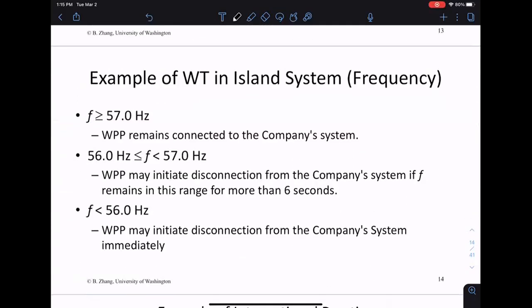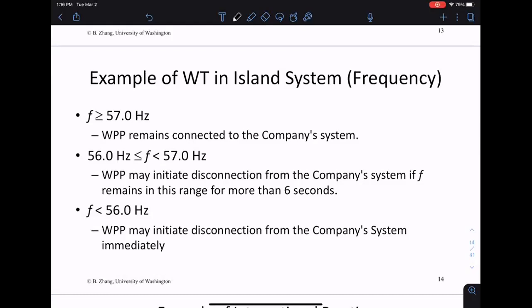This can be done. We have island systems, so you can think of a microgrid or an island system like the Hawaii system. Hawaii has a lot of island systems. Or a microgrid, for example, the Snohomish PUD's microgrid. There, the frequency requirement is quite a bit more relaxed.